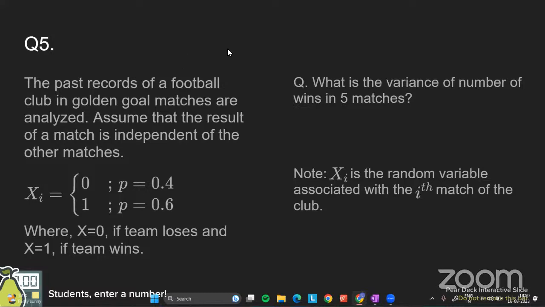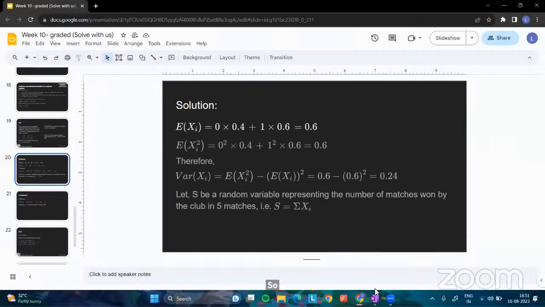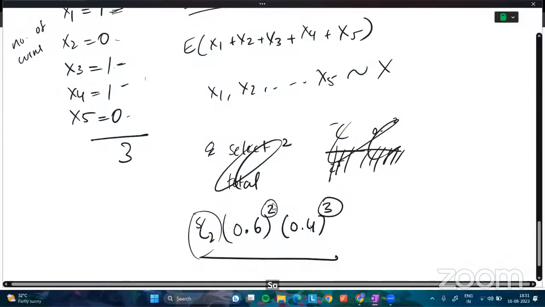Yeah, so shall we discuss this question? Yes, ma'am. So it's the same as the previous one, but we have to find the variance. So we'll use the formula: the variance is equal to expected value of xi squared minus expected value of xi the whole square.